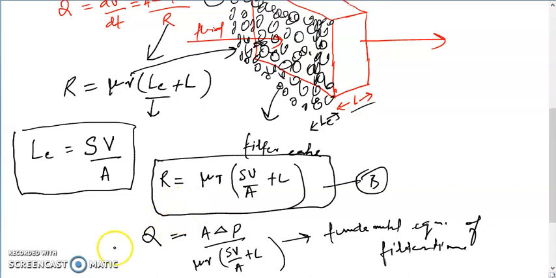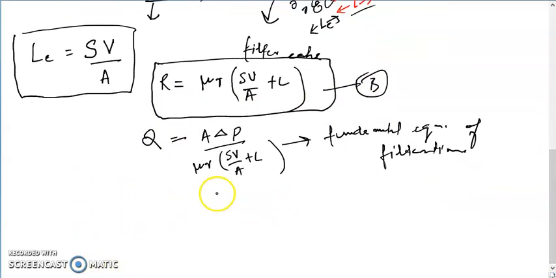Now let's discuss the two types of filtration. In general, the filtration process may occur in two phases.